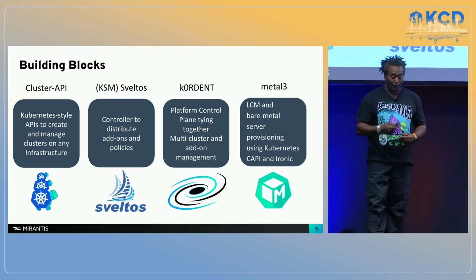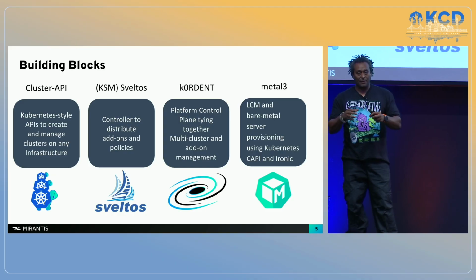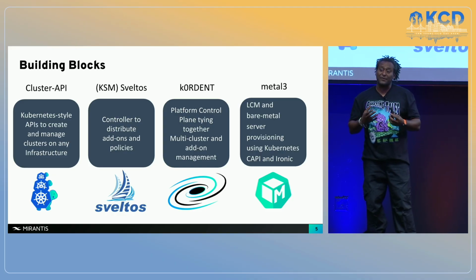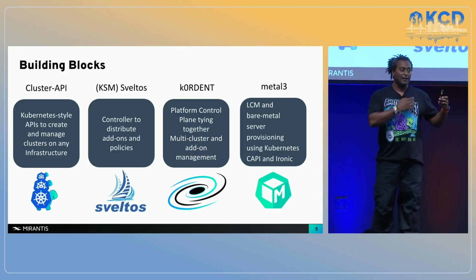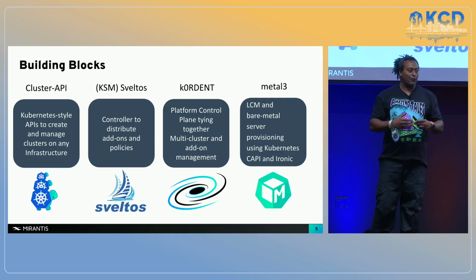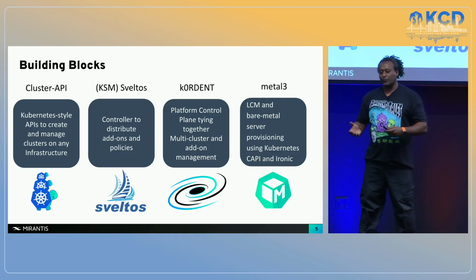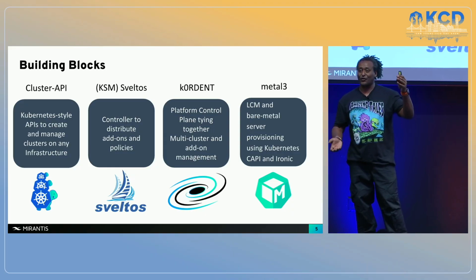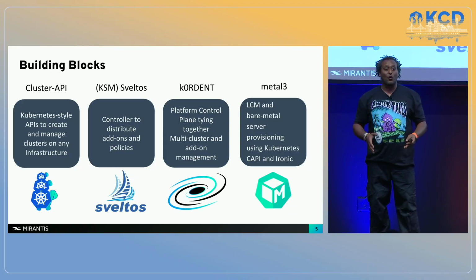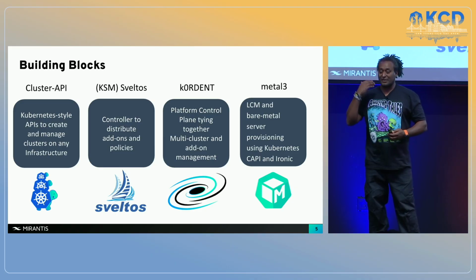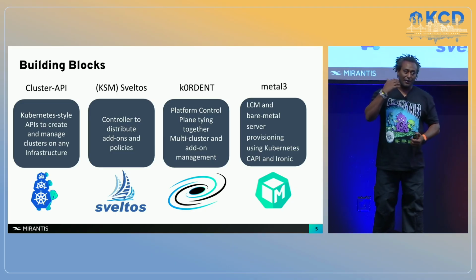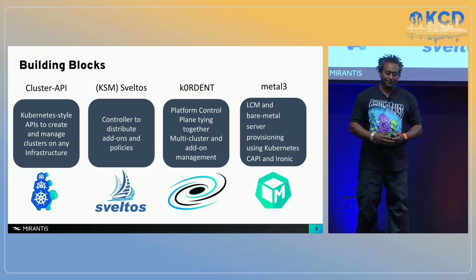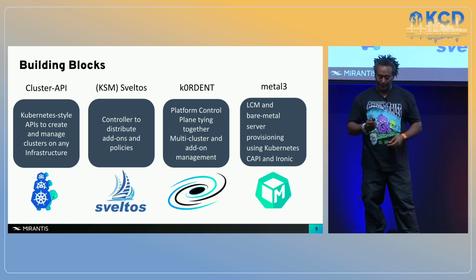And we have Cordant. Cordant wraps around and simplifies Cluster API methods. If you have ever dealt with Cluster API, provisioning a cluster is something between 200 and 400 lines of code just to define the bootstrap provider, the infrastructure provider, and the control plane provider.